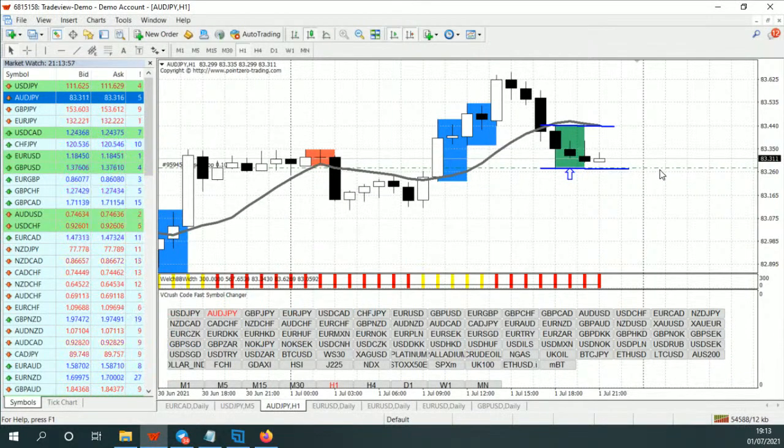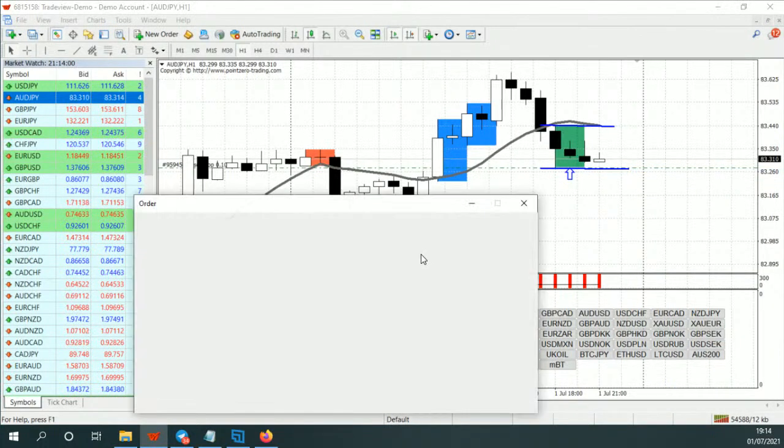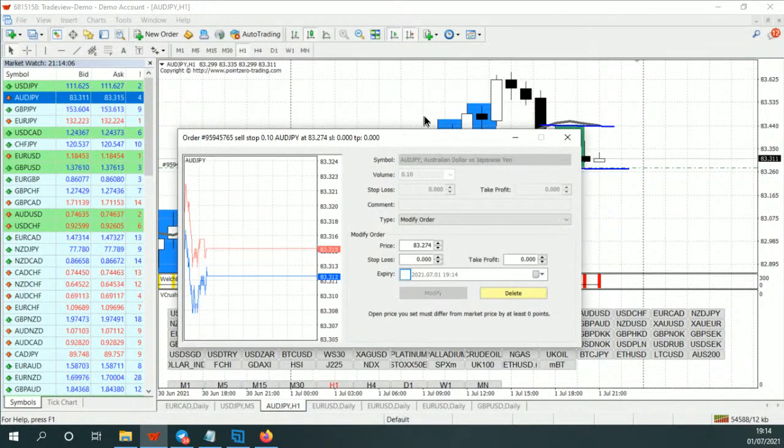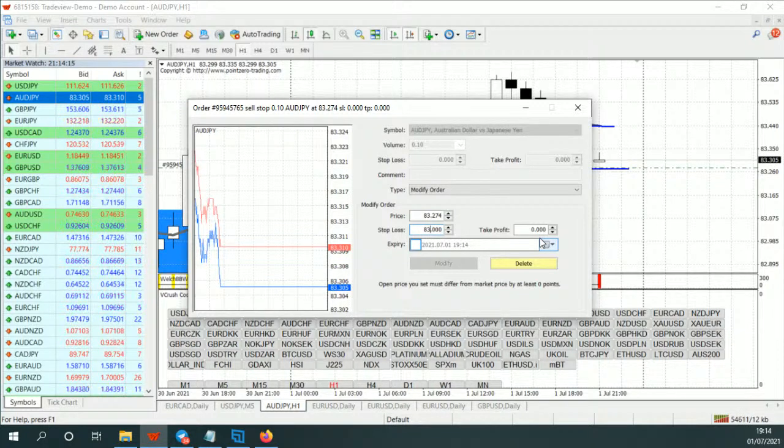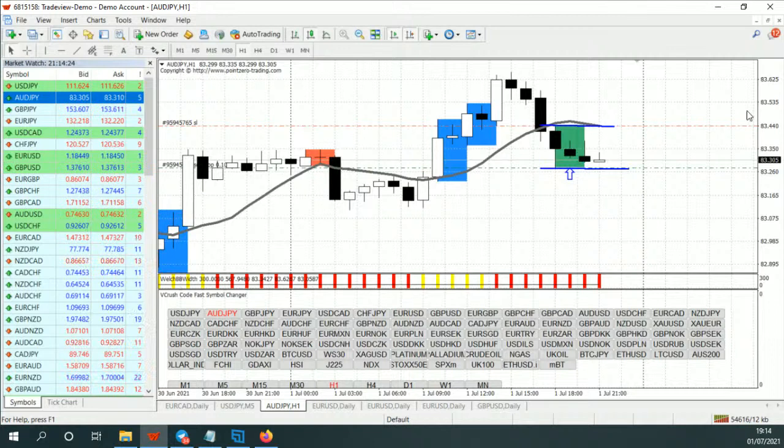Let's do that again. I need to put it in the right place. Modify order. So the stop loss is 83.44. All right, so that's the stop loss. Then we adjust it to the right place. So we put the stop loss in the right place, which is here.